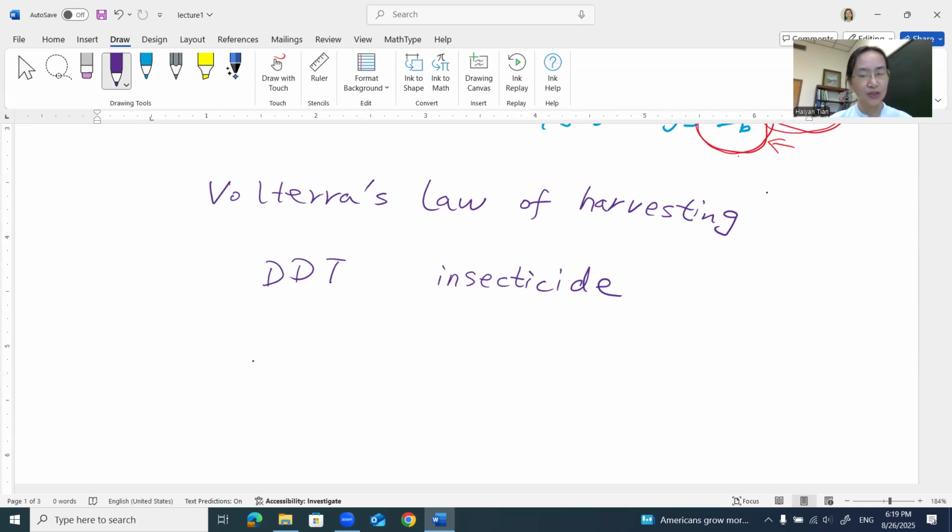However, when the DDT was first introduced, they discovered that they see more insects. Actually, the insects that can do harm to the orchards are not decreased. The population of insects is not decreased. On the other hand, it is increased.